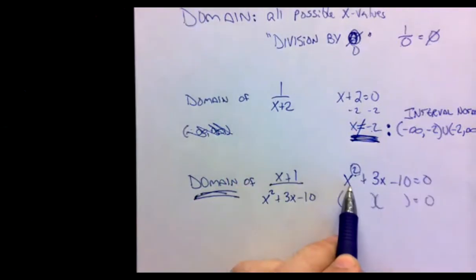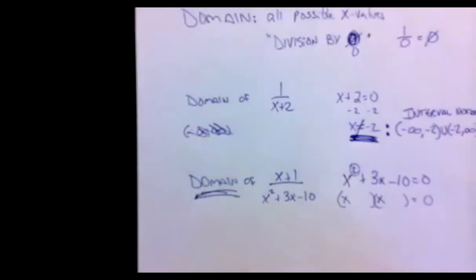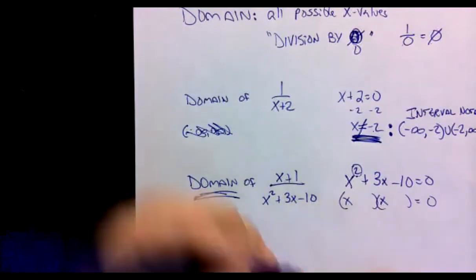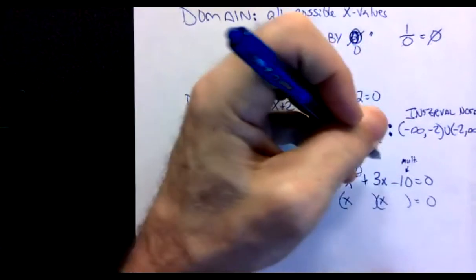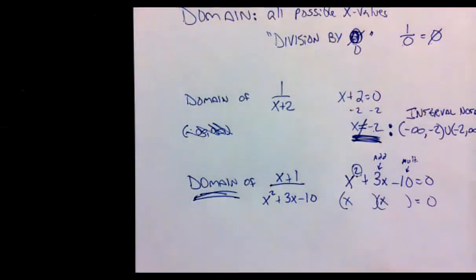Okay, remember we got to figure out what multiplies to get x squared. That's x and x. From there, we're looking specifically for what 2 numbers will multiply to get -10, and we'll also add to get 3x. So what numbers multiply to get -10?